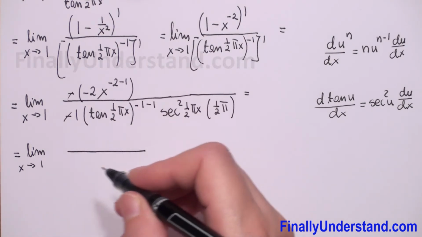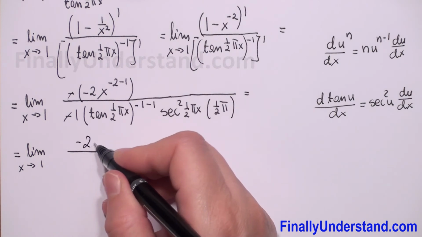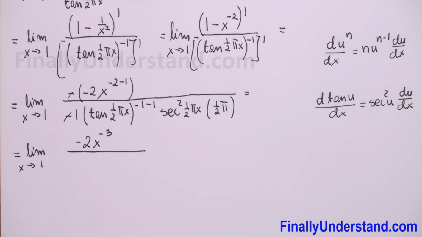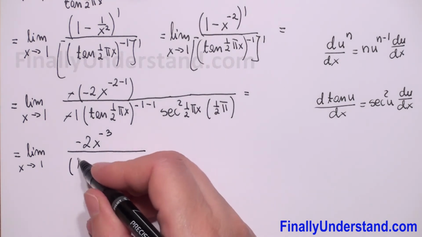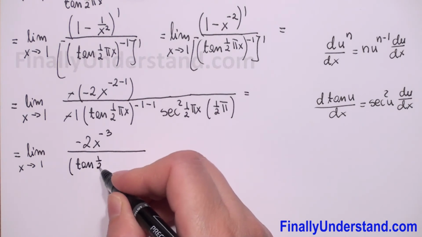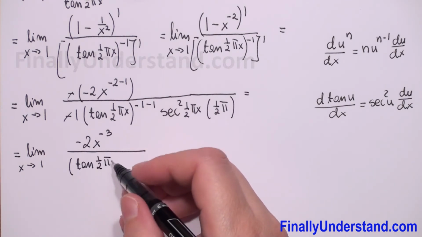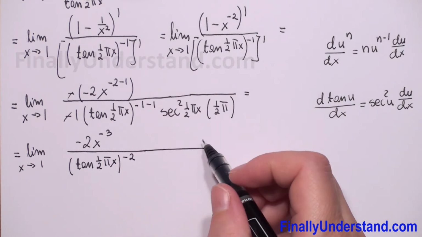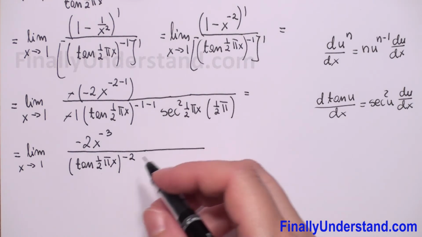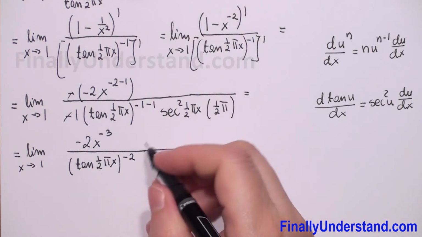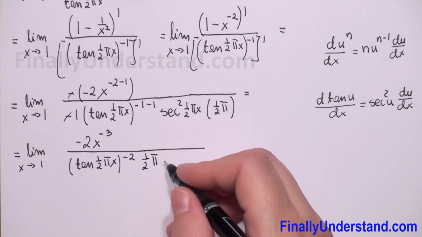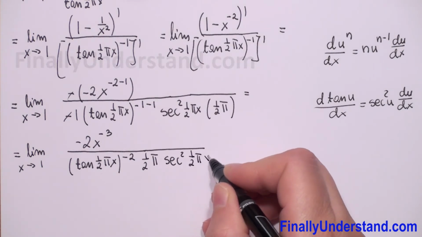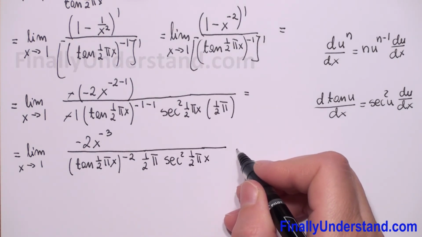So in numerator we will have negative 2 times x to power negative 3. And in denominator we will have tangent 1/2 pi x to power negative 2 times, we have to copy the rest. So I can put 1/2 pi first times secant square of 1/2 pi x. So this is equal.